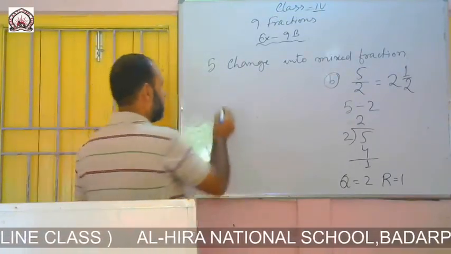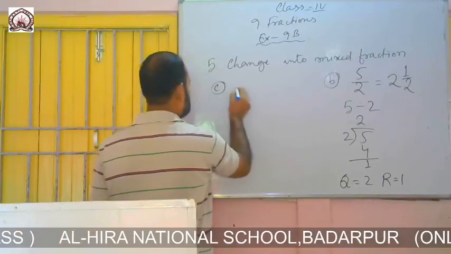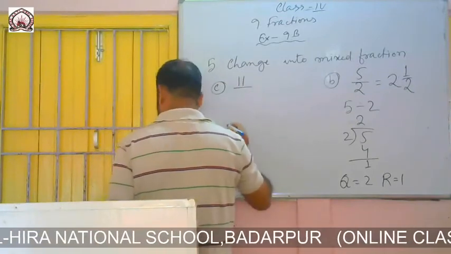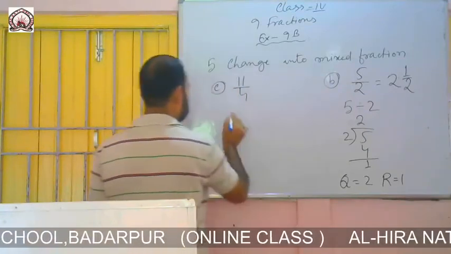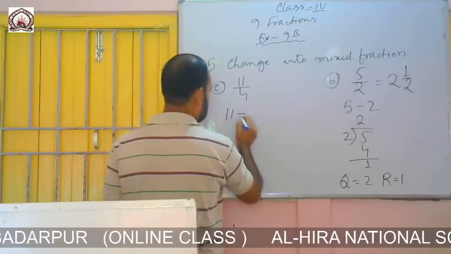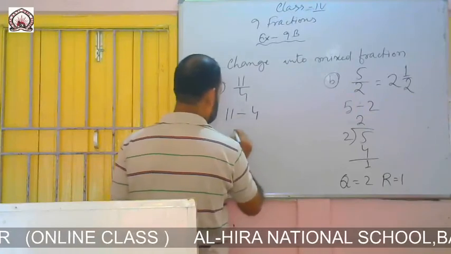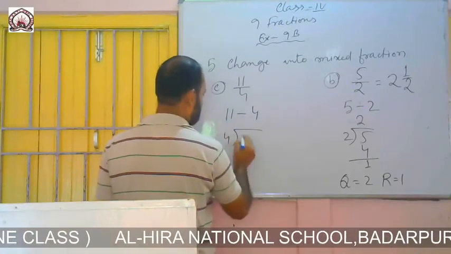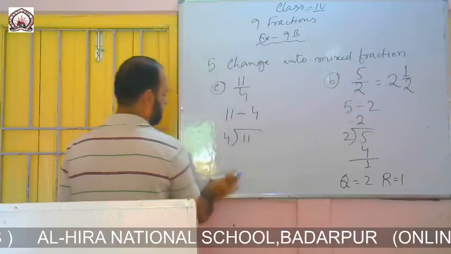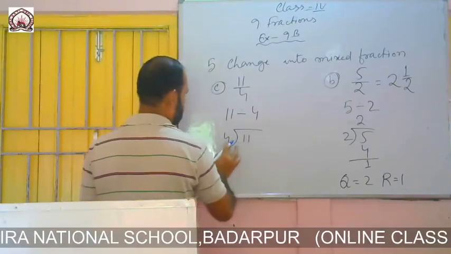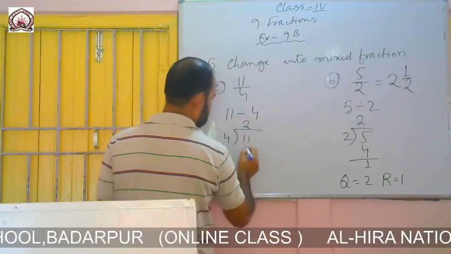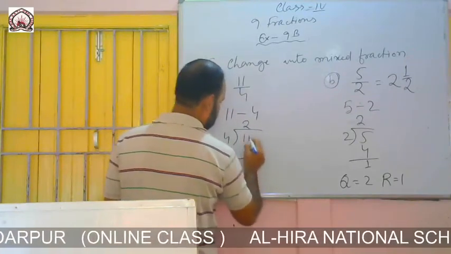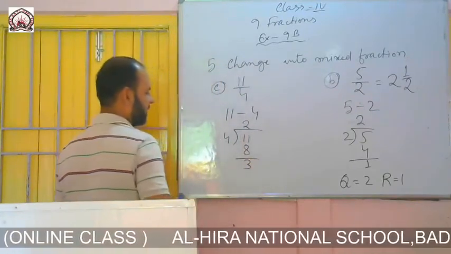Next, question number C, 11 by 4. First we divide 11 by 4. 4 2s are 8, so the remainder is 3.